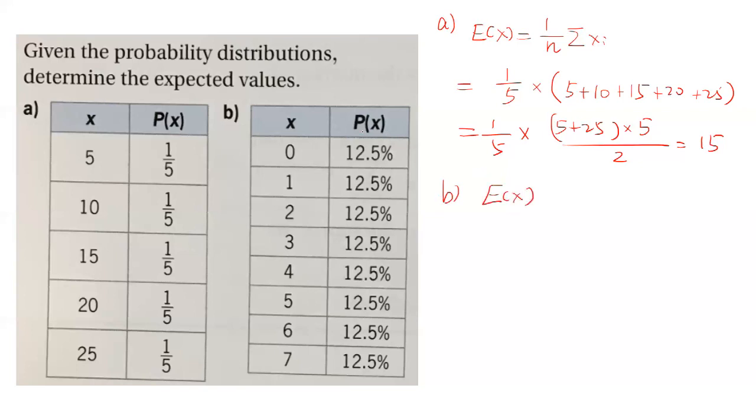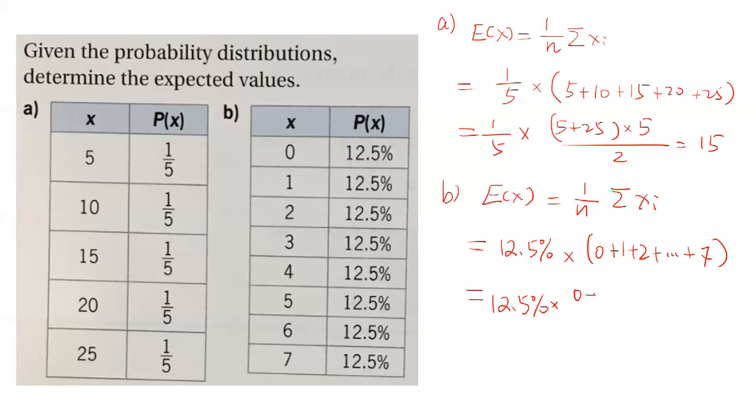Okay, number 2, expected values. Again, this is a discrete uniform distribution because all the probabilities are the same, right? Okay, and 1 over n times the sum of xi, okay, which is 3.5, right?